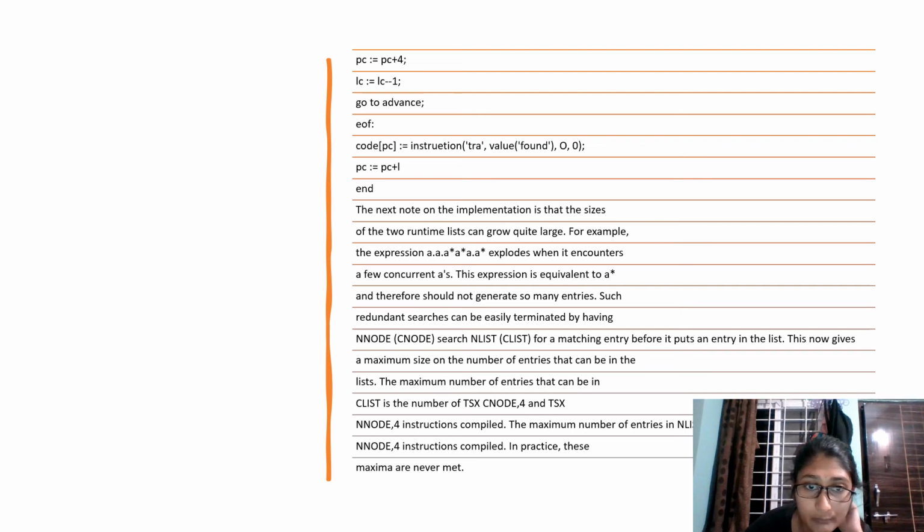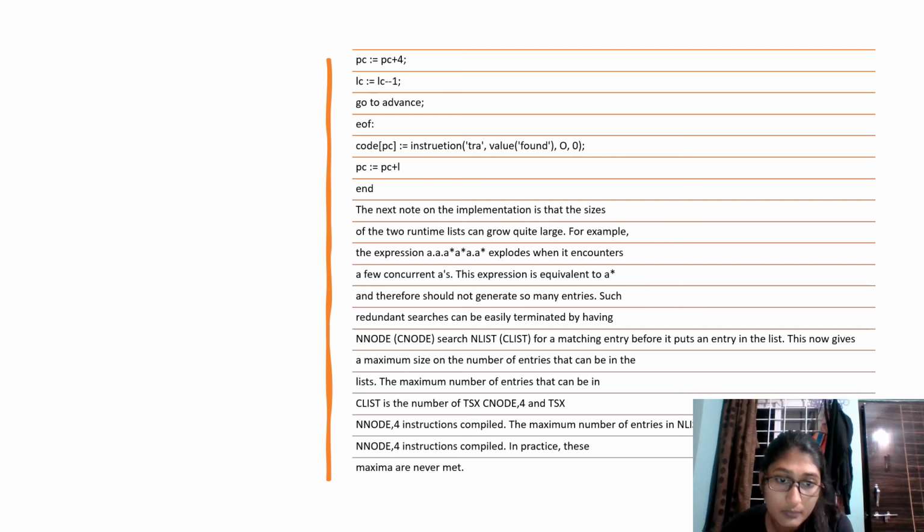Next, a note on the implementation: the sizes of the two runtime lists can grow quite large. For example, an expression may encounter a few concurrent searches. These are equivalent searches, easily terminated by having C node, N node, C node, and N node check the list for a matching entry before inserting one.